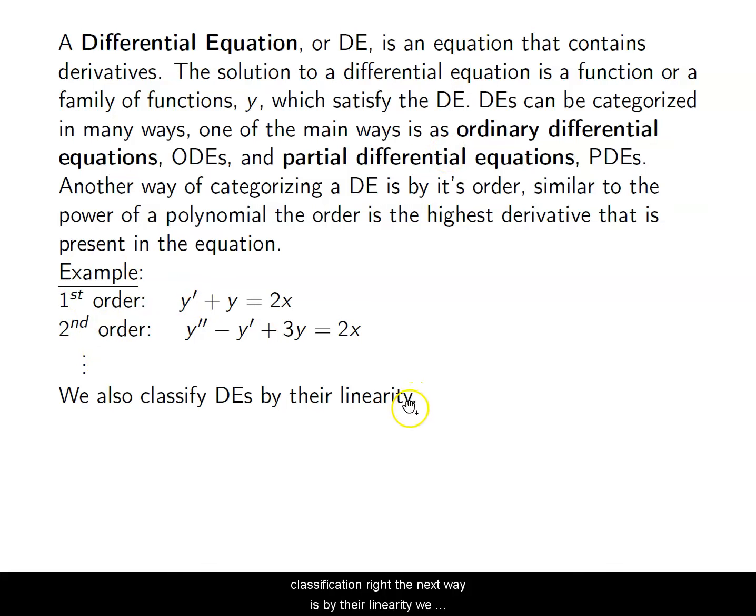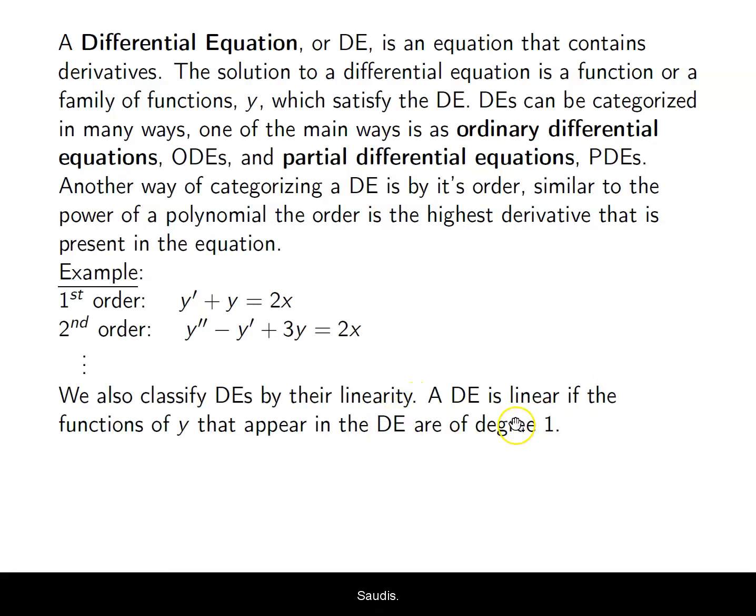The next way is by their linearity, right? We have linear and nonlinear DEs. So a DE is linear if the highest power that shows up of y is of degree 1. Okay, so if I had, let's say, y squared, y double prime, that would then be nonlinear. So both of these are examples of linear DEs because there is no degree of y that is different than 1.